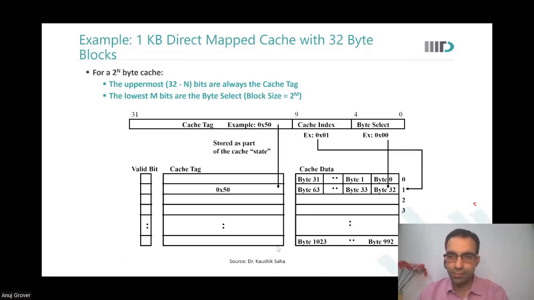Sir, can you explain again this second part? Like 4 bytes you are selecting for the byte select, then the remaining for the cache select. So not 4 bytes for the byte select, 5 bits for the byte select, because there are 32 bytes in one line. Addresses 0 to 4. So there are 5 address bits that are used to do the byte select.